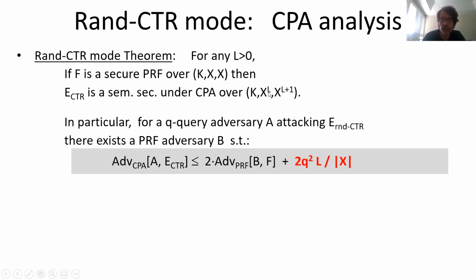You actually can use it on variable size messages. This capital L does not have to be fixed. So it's fine to use the same key for any length. You can convince yourself this is true because, if it's true for fixed length, then just pad with zeros, run it, and throw away the other blocks.